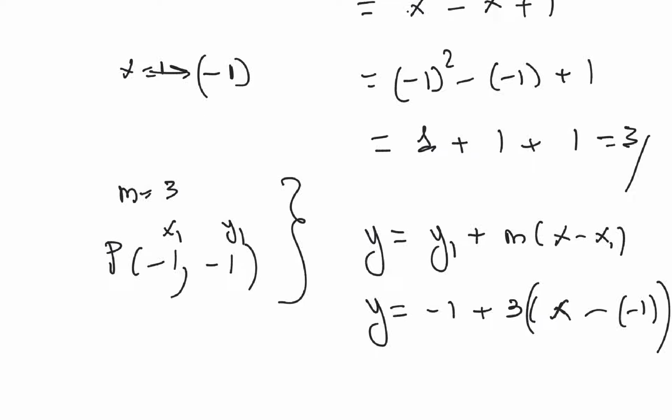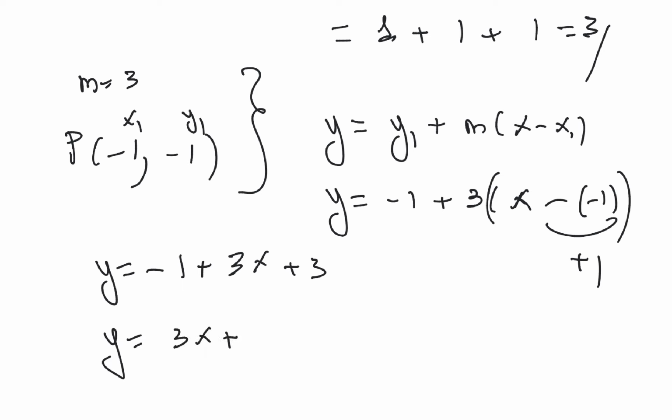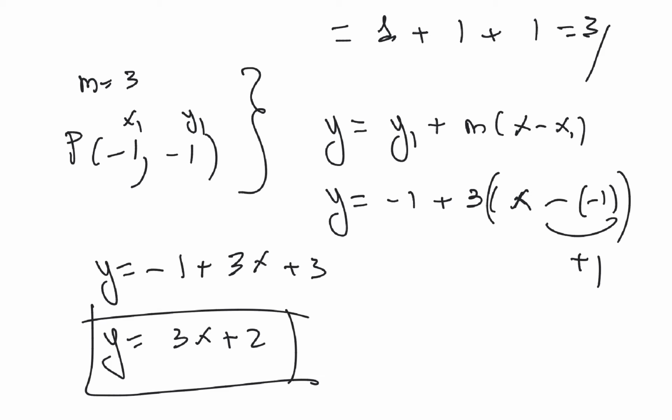If you work a little bit, this equation will be y equals minus 1 plus 3x plus 3, so y equals 3x plus 2. And this is the equation, and the question is already solved.